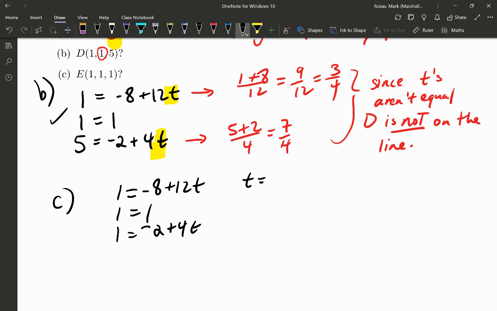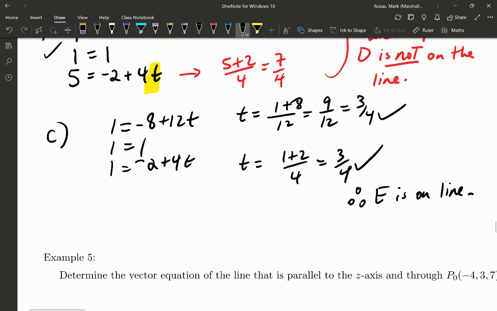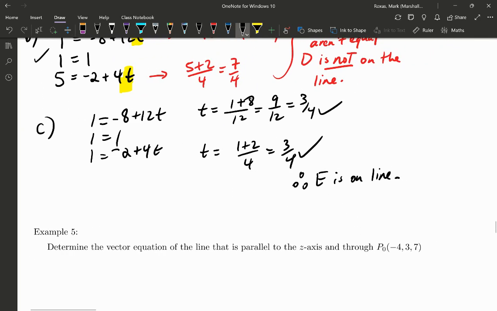Solving for t, I get 1 plus 8 over 12, which is 9 over 12, and there's my 3 over 4. And for this z component, 1 plus 2 over 4, which is 3 over 4. And yes, both have the same value of t, so therefore E is on the line. All right, so you just have to look at whether they have the same parameter t. And if they do, they're on the line.